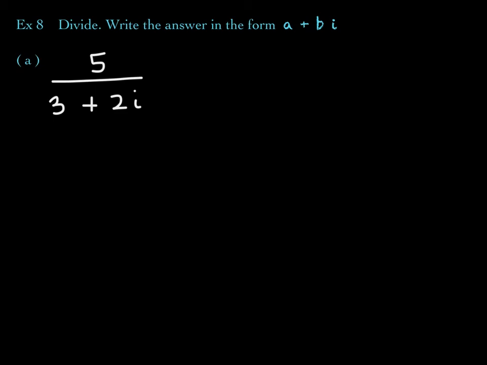We were rationalizing radical expressions. I hope you remember that the way we rationalized in 9.4 was we multiplied the numerator and the denominator by the conjugate of the denominator. It's the same strategy here. Let's multiply the numerator and the denominator by the complex conjugate of the denominator.